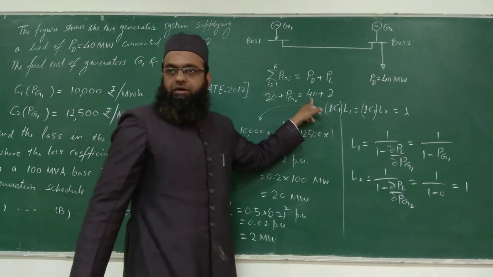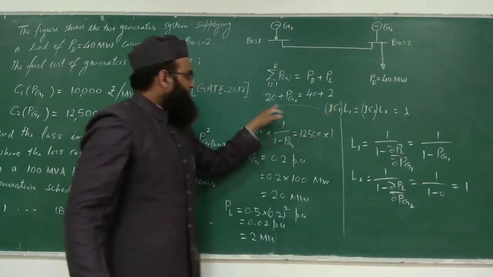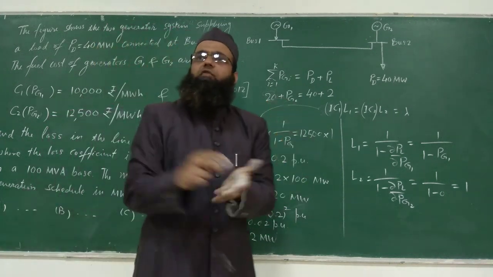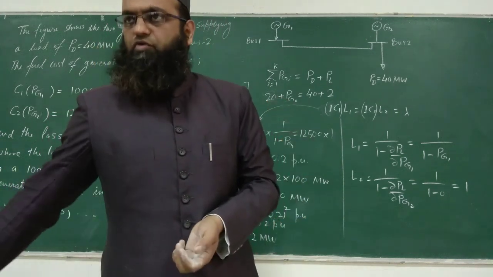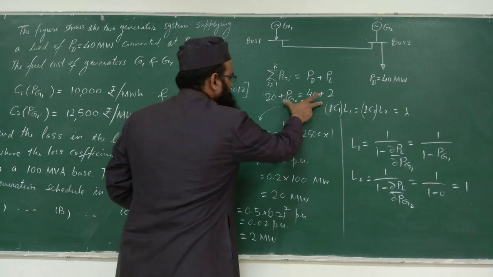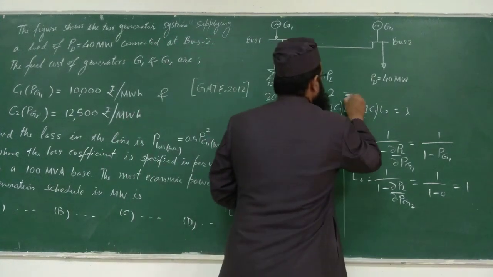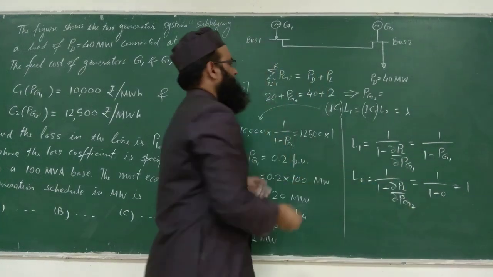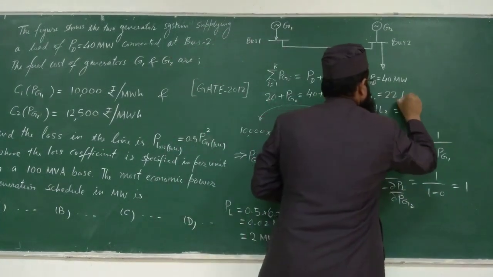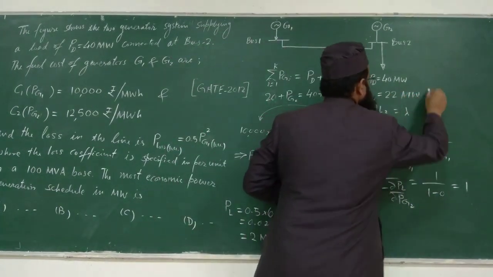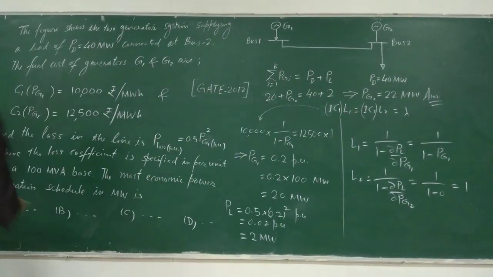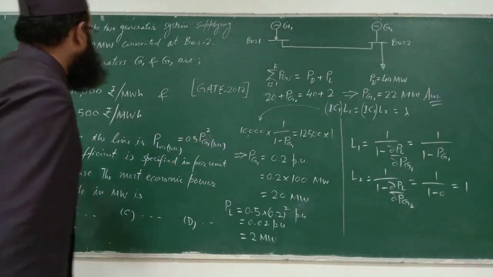In either way you can evaluate. Either put all values in per unit or in megawatt, actual values. So all are actual, so Pg2 will be actual. So this implies Pg2 is coming out to be 22 megawatt, right? So depending upon the options, you can choose the appropriate option, right?